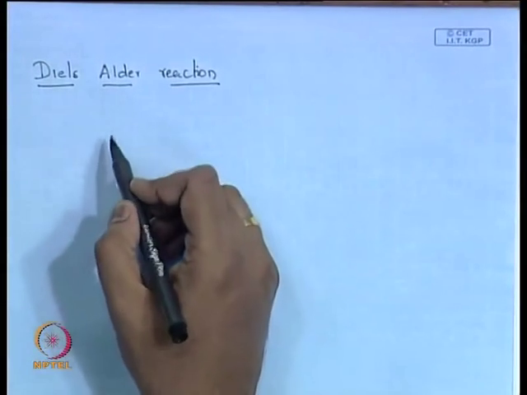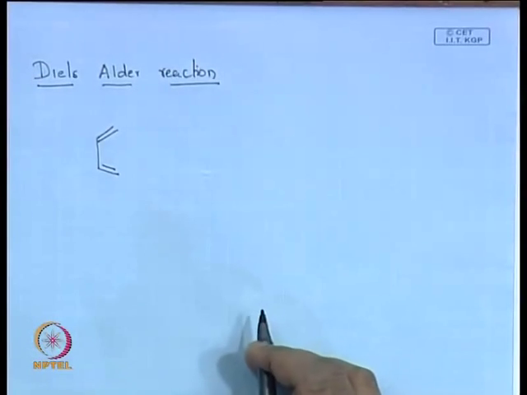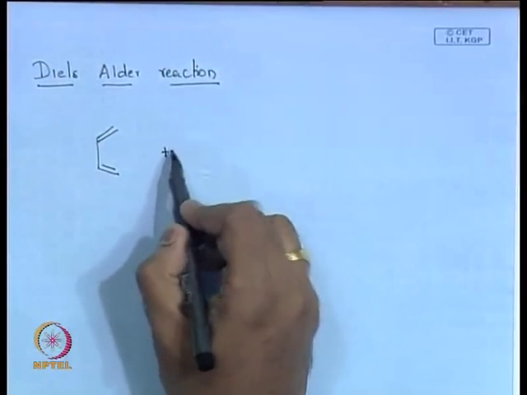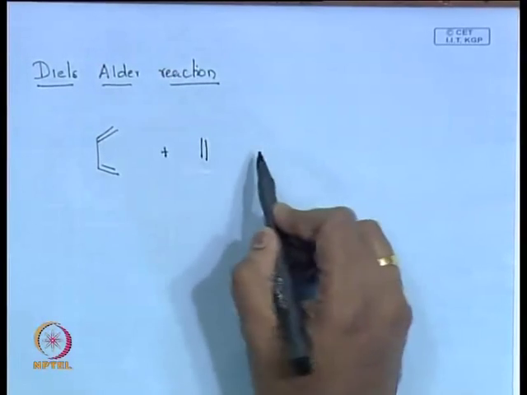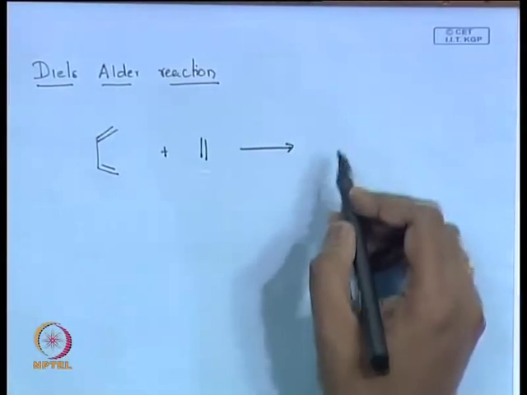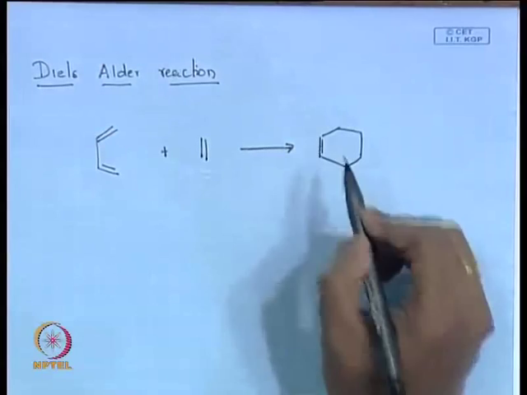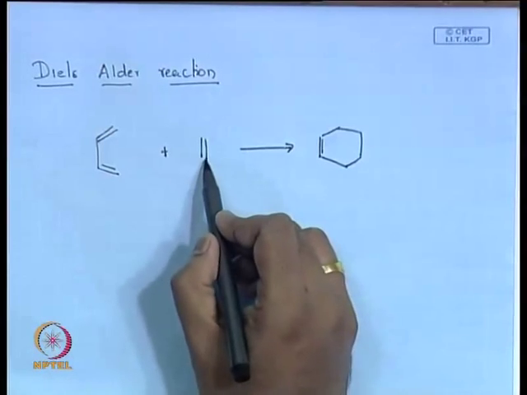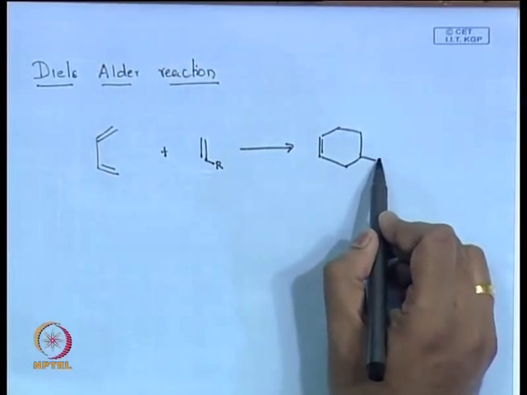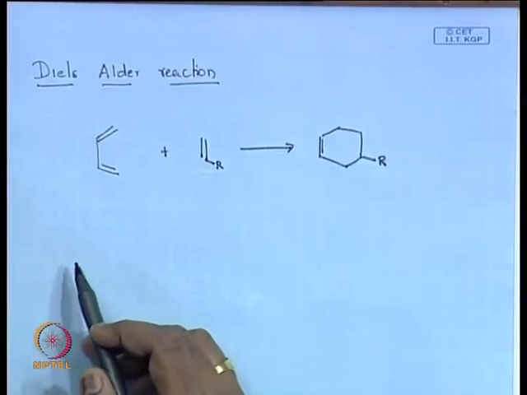You can have a 4 pi electron system, and a 2 pi electron system, your alkene. This diene, butadiene, with your alkene forms a nice cyclic product. You can end up with a substituent here. So this is your simple Diels-Alder reaction.